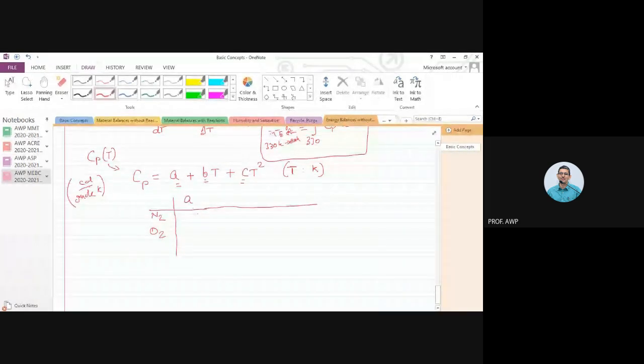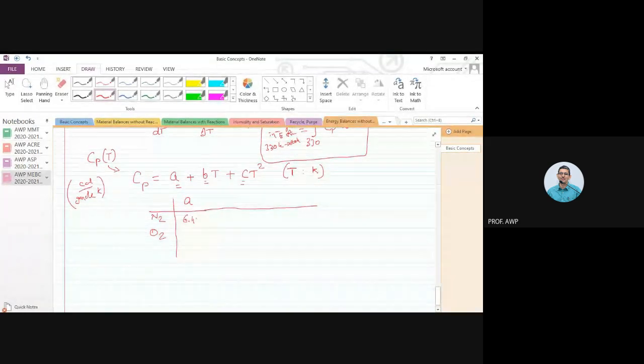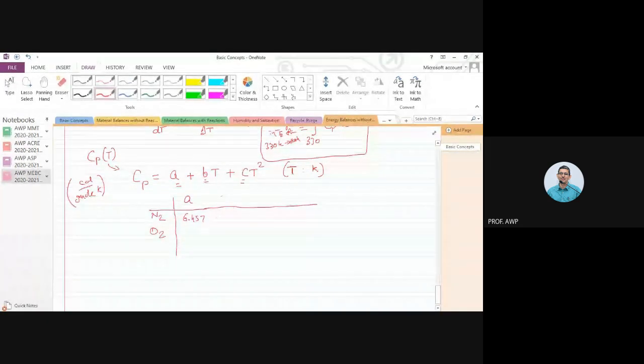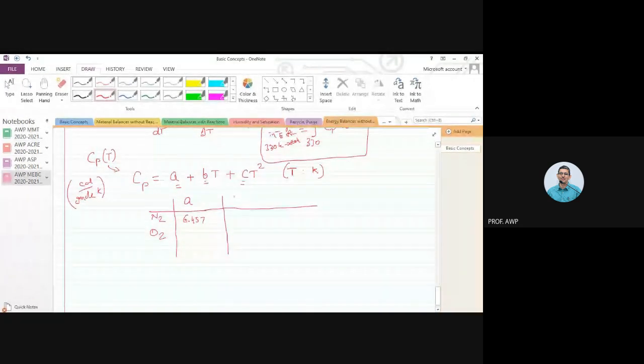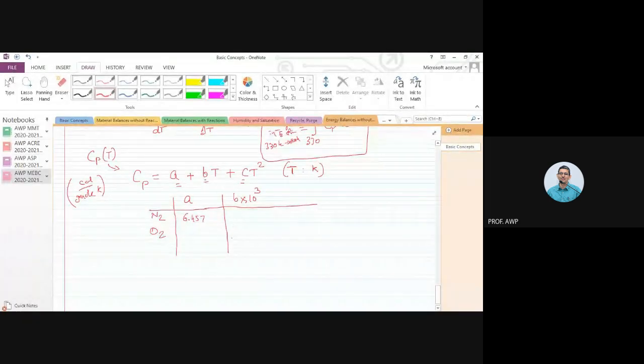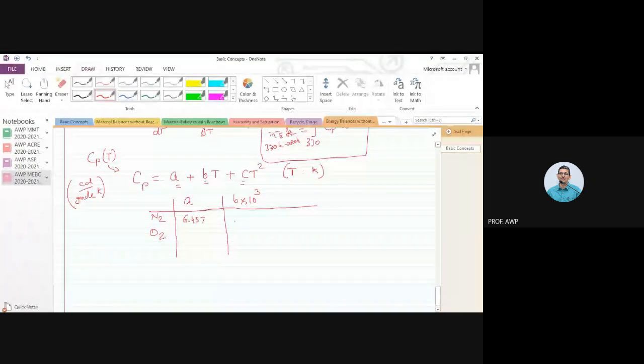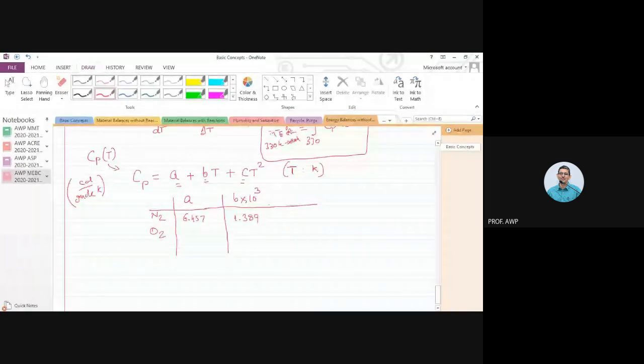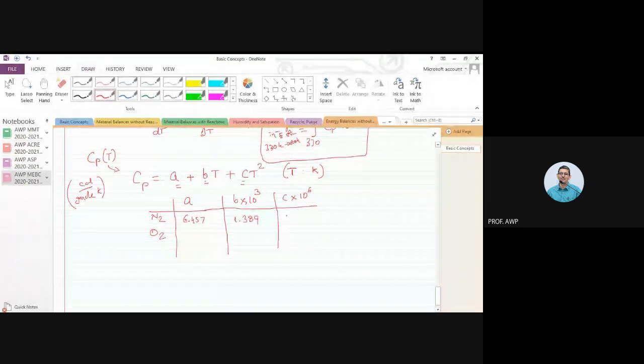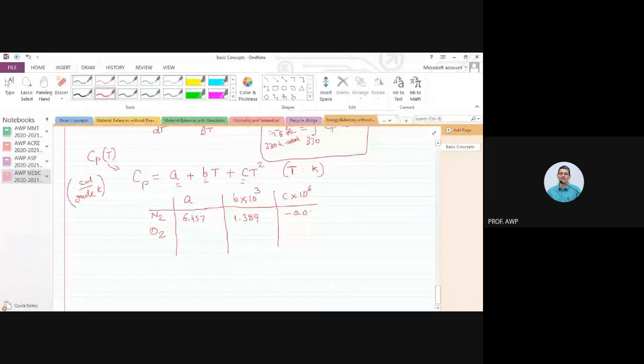For nitrogen, the value A is 6.457. B multiplied by 10 raised to 3 is 1.389. C multiplied by 10 raised to 6 is minus 0.069.